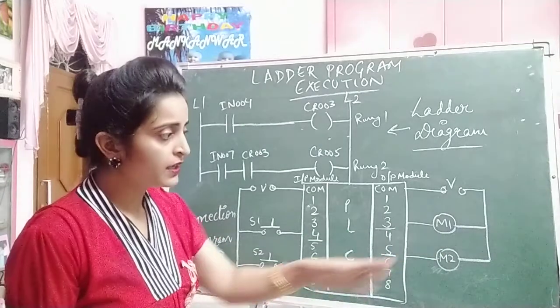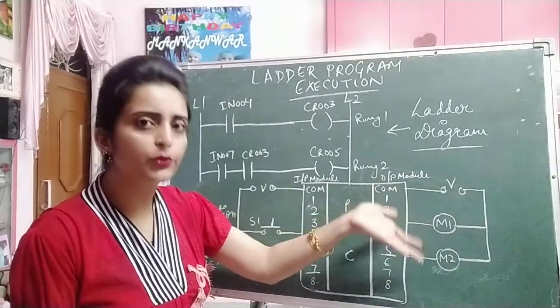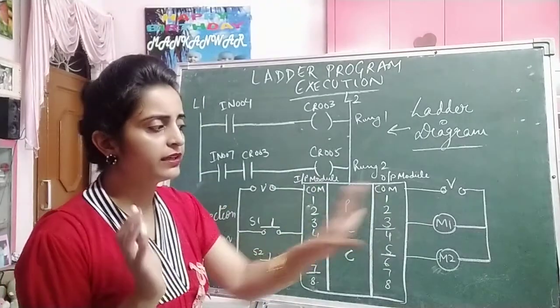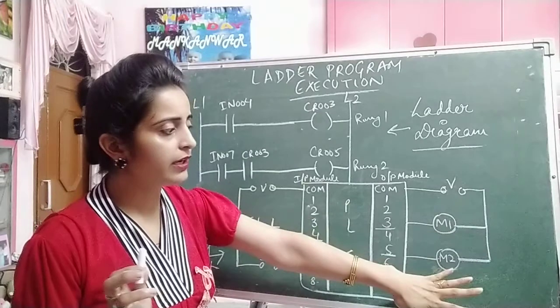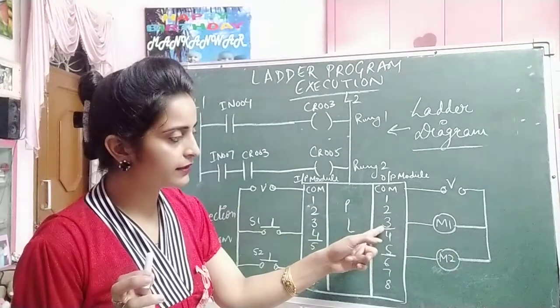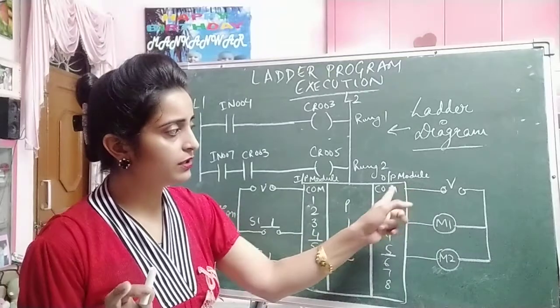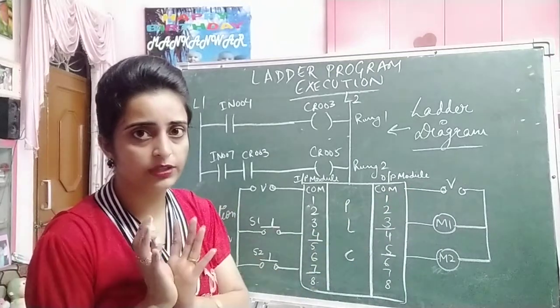It could be anything, a lamp, an LED, any output. Assume that it is a motor. So M1 and M2 are 2 motors connected at output terminals 3 and 5, and they are then connected with the common terminal.